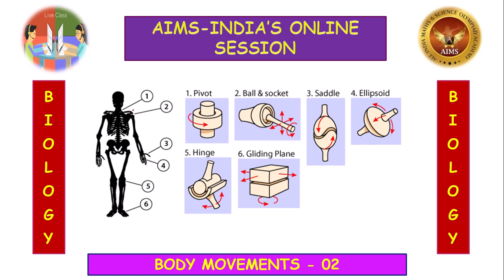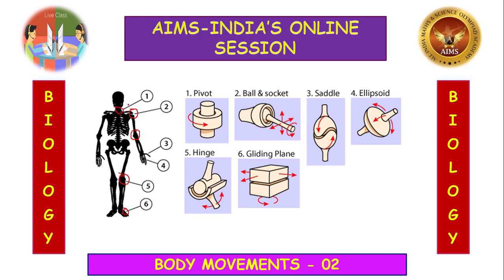For example, here it is a joint, here it is a joint, here it is a joint. So these are all the places where you can find the joints. That's why we are able to move, bend, stretch. All these are possible only due to the presence of these joints.